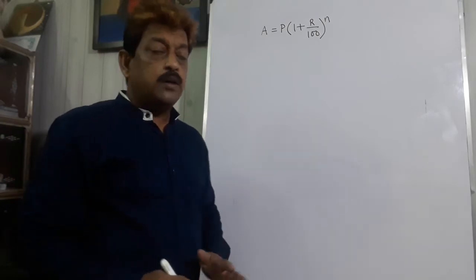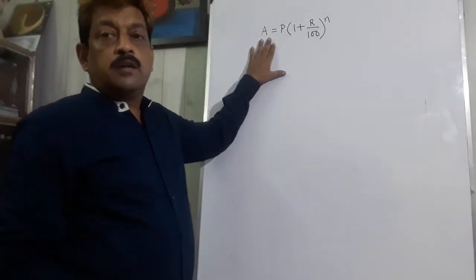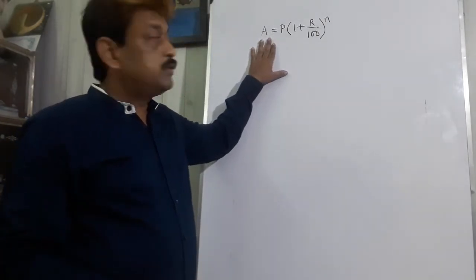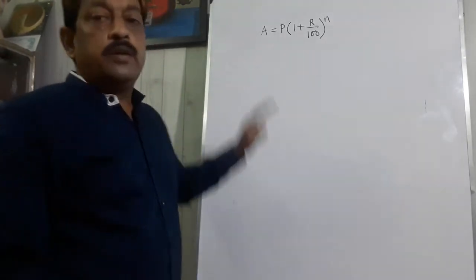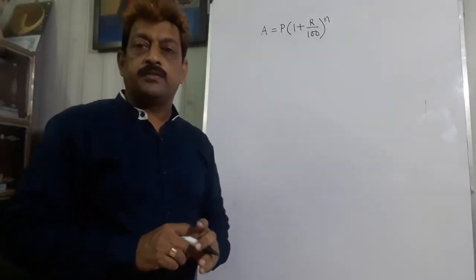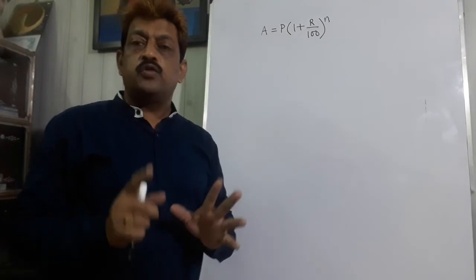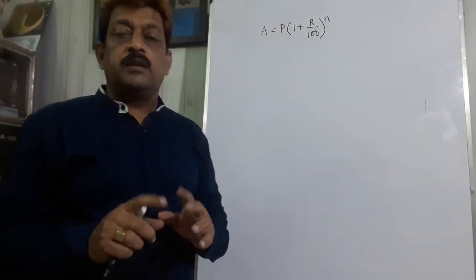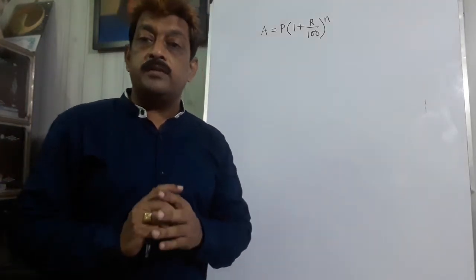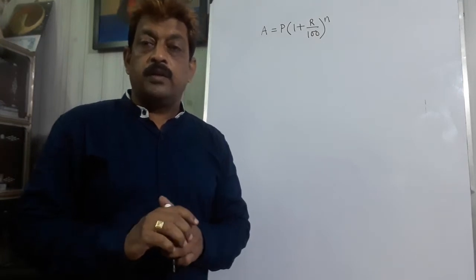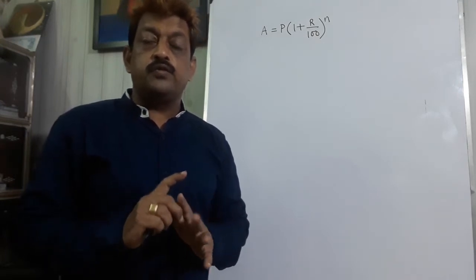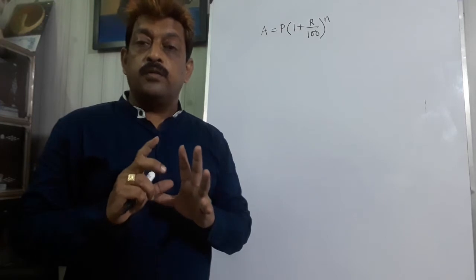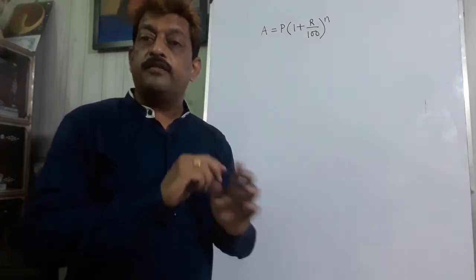The formula to find the compound interest and the amount has many applications. This formula can also be used to find the increase or decrease in the population. It can also be used to find the growth of bacteria if the rate of growth is given.